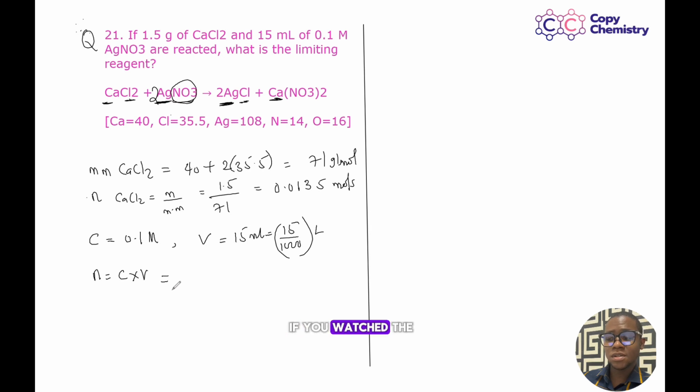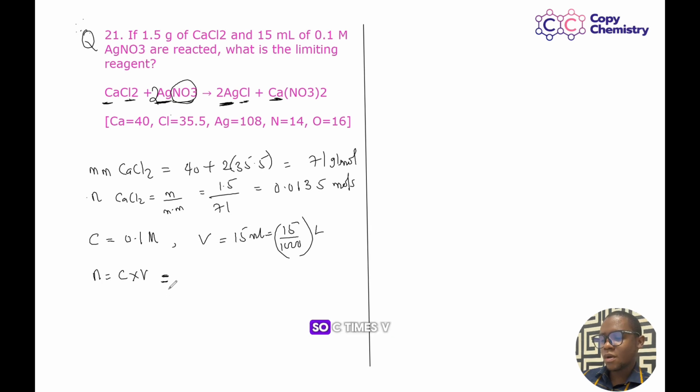If you watched the video on question 20, then you probably have a better understanding. And if you've not watched it, it should be in the description of this video. If it's not there, just drag us in the comment section so that we'll put it there, but it should be there ideally.